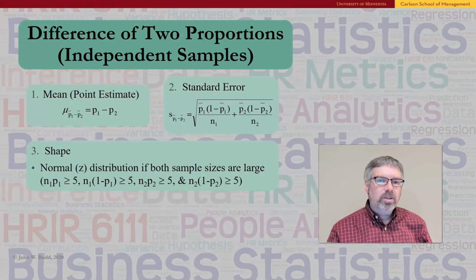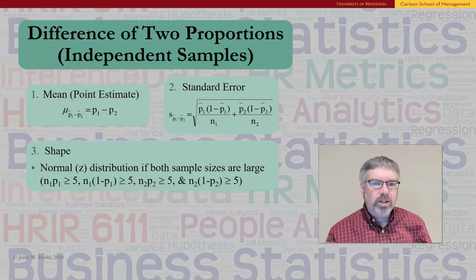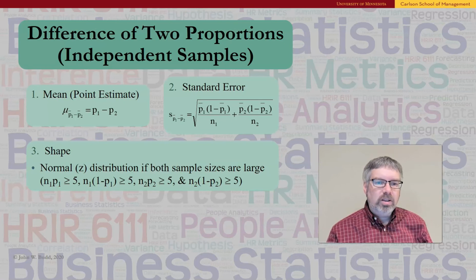Turning to the difference in two proportions, this is the sampling distribution for P1 bar minus P2 bar. The mean of that is the difference in the two population proportions. The standard error is shown there in box number 2. And again, similar to the previous case, don't worry about where this comes from.